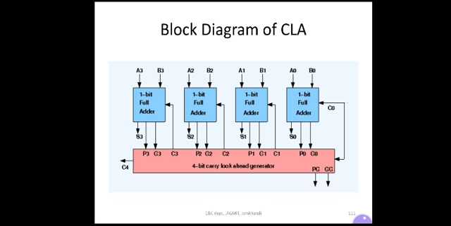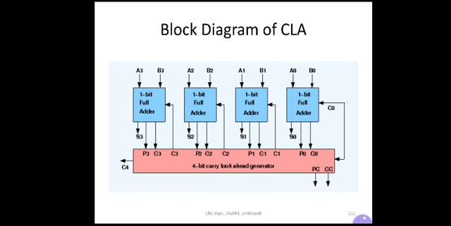C0 is applied to the full adder and the same input is also applied to the 4-bit carry look ahead generator. The output of the first block will be S0, that is sum 0. There are 2 more outputs, P0 and G0, that is the propagate signal and the generate signal. These are the output signals of the 1-bit full adder.